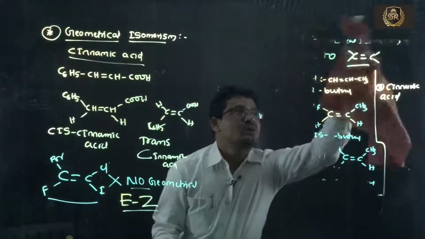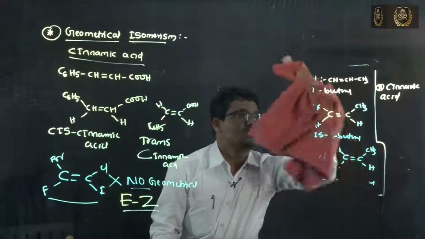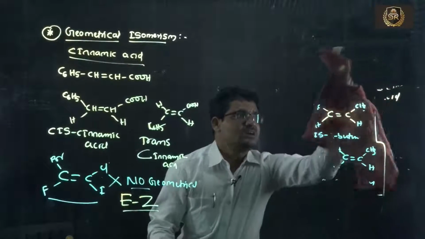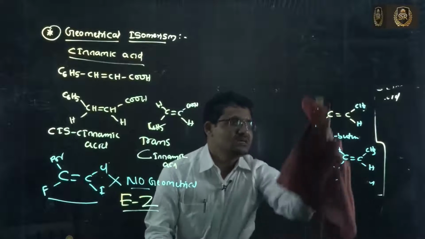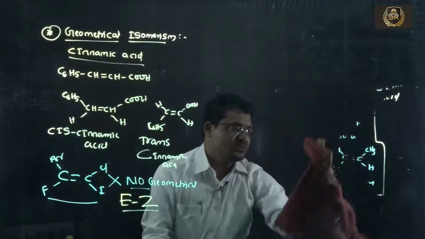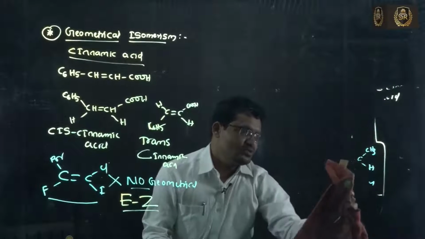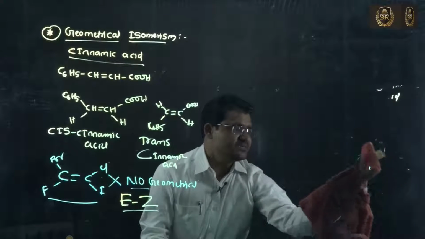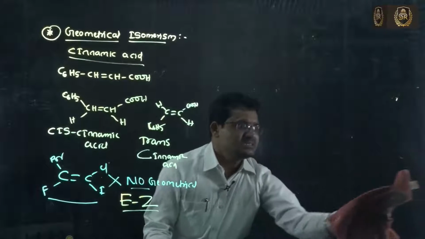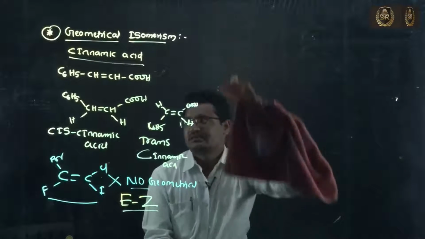When the two higher atomic number atoms are on the same side, it is called Z configuration.